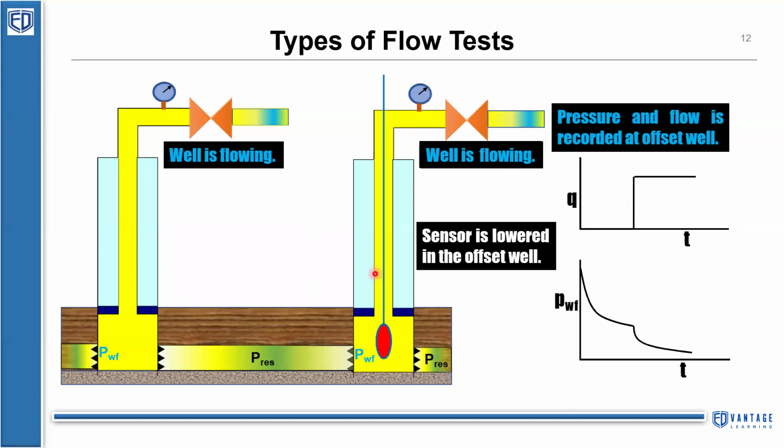And then both the wells are flowing, so the Q will be a constant value because the offset well where the gauge is in is flowing, and the pressure drops even more because these two wells are being produced from the same pool or the same reservoir. So you have more drop in PWF when both the wells are flowing on the same field.